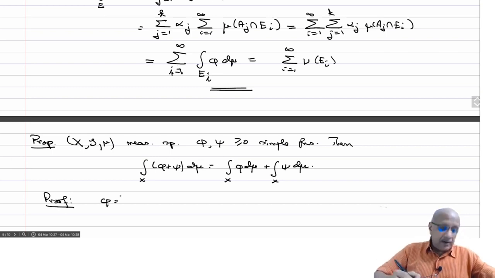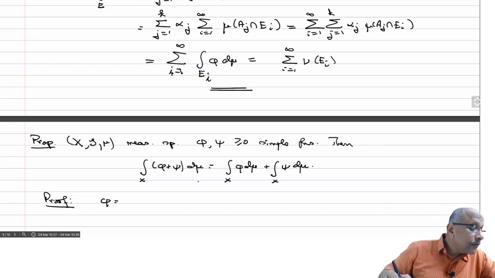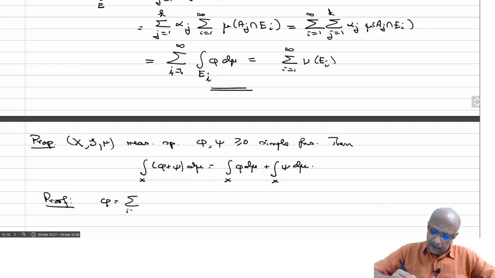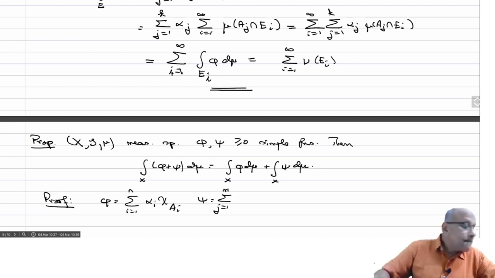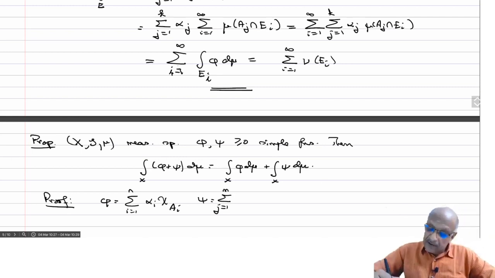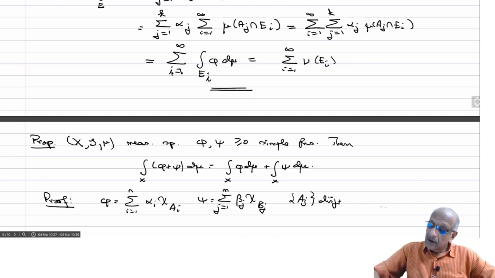So you take phi equals the sum over i equals 1 to n of alpha_i chi of A_i, and psi equals the sum over j equals 1 to m of beta_j chi of B_j, with the A_i, i equals 1 to n, and the B_j, j equals 1 to m, each disjoint.